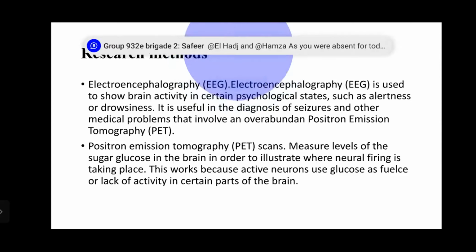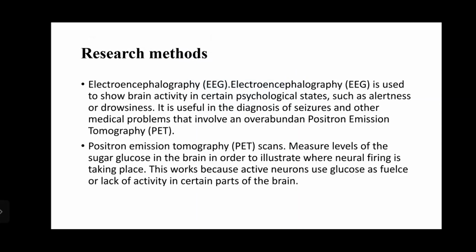The first is the EEG, the electroencephalograph. The electroencephalograph is used to show brain activity in certain physiological states, such as alertness or drowsiness. It is useful in the diagnosis of seizures and other medical problems.